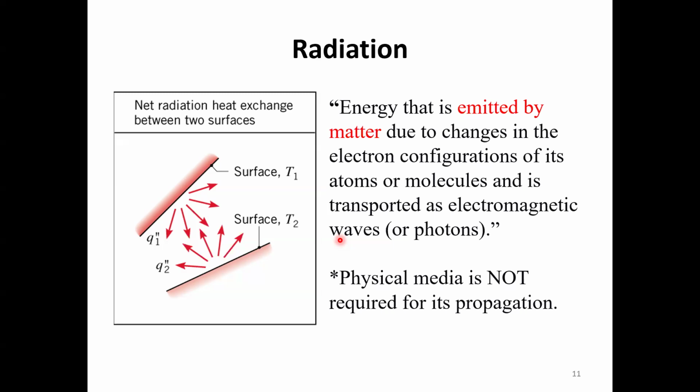And as we have seen in the first class, radiation is when energy is emitted by matter due to changes in the electronic configuration of its atoms or molecules, and this energy that is emitted is transported as electromagnetic waves, and for that reason no physical medium is required.